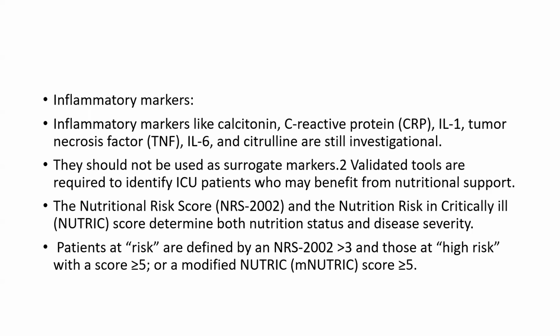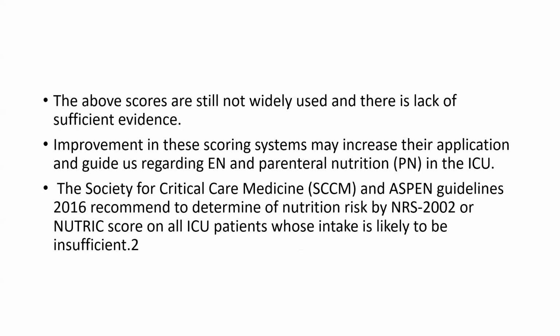Validated tools are required to identify ICU patients who may benefit from nutritional support. Nutritional risk score, that is NRS 2002, and Nutrition Risk in Critically Ill, the NUTRIC score, determine both nutritional status and disease severity. Patients at risk are defined as NRS 2002 more than 3, those at high risk with a score of more than or equal to 5, and modified NUTRIC score more than or equal to 5.